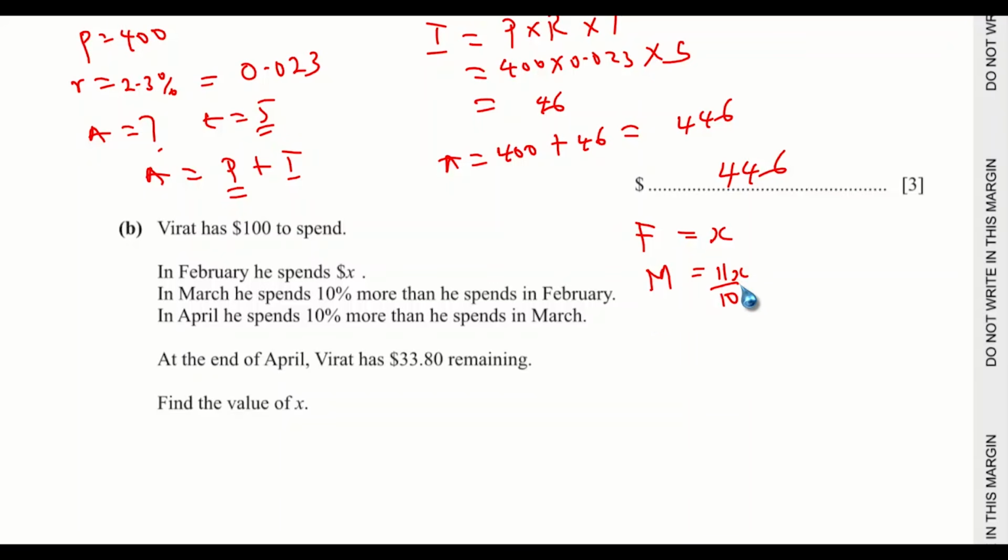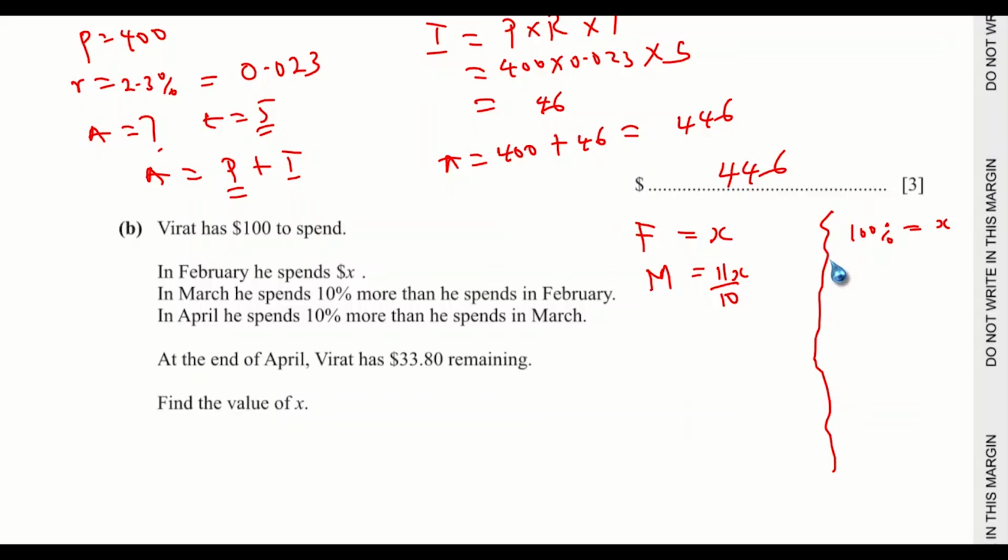Let me show you how to get this one. Let's do some rough work here. In March he spends 10% more than he spends in February. That means in February it is at 100%, for instance, and it is equal to X as given here.